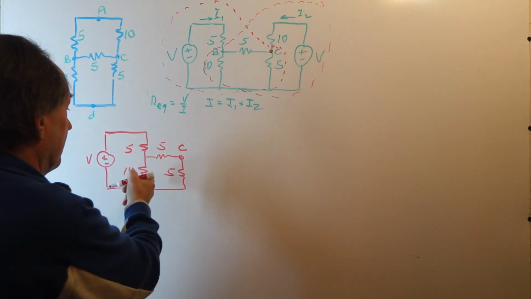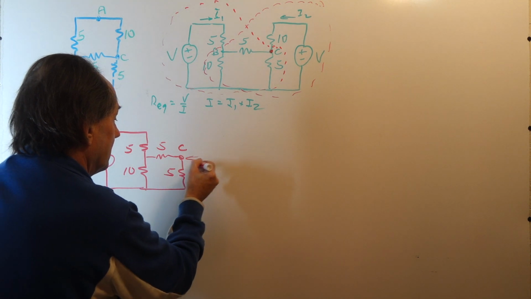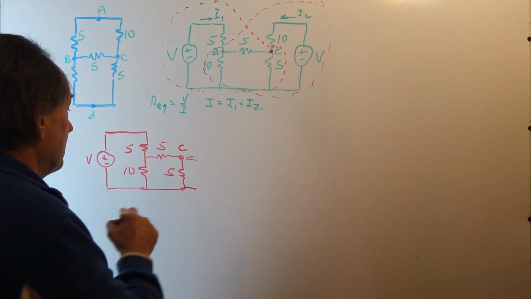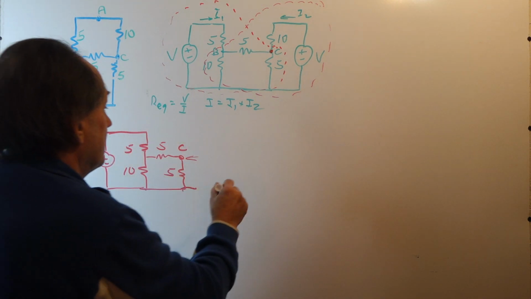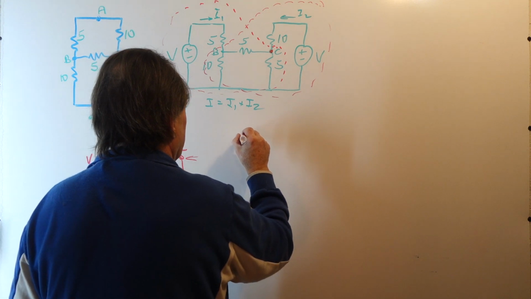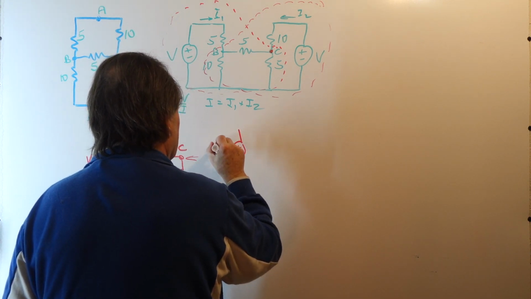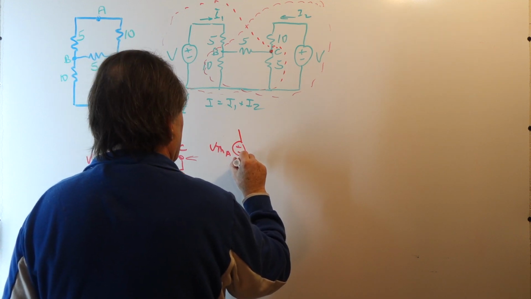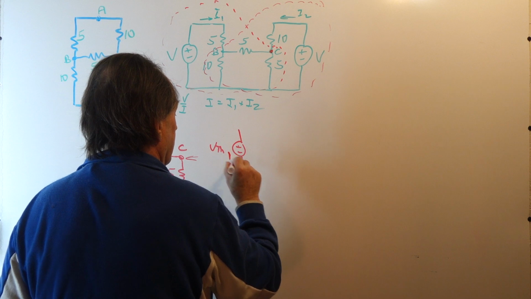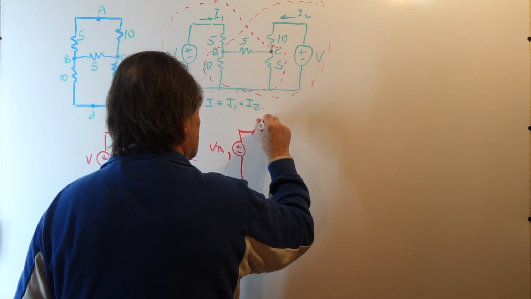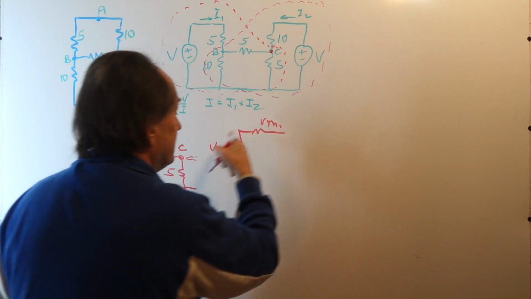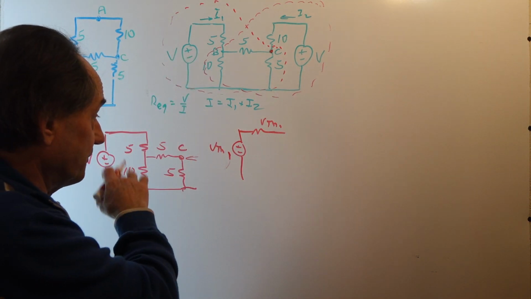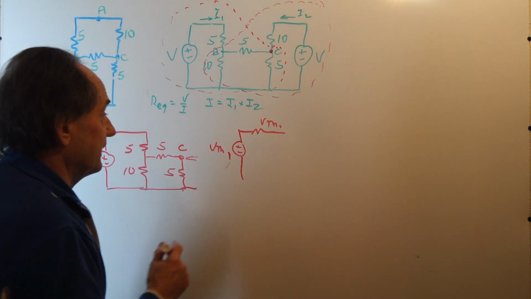Now I want to find the Thevenin equivalent of this looking in to node C. Well, first we have to find the open circuit voltage to get VTH. To find its Thevenin equivalent, I'll call it VTH1, and then RTH1. Now these VTH and RTH1 are not the same as in the previous analysis, because we're deeper into the network.